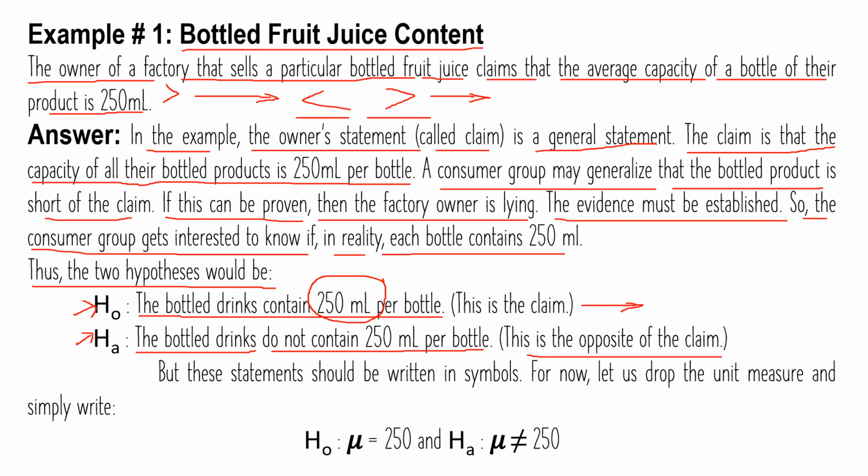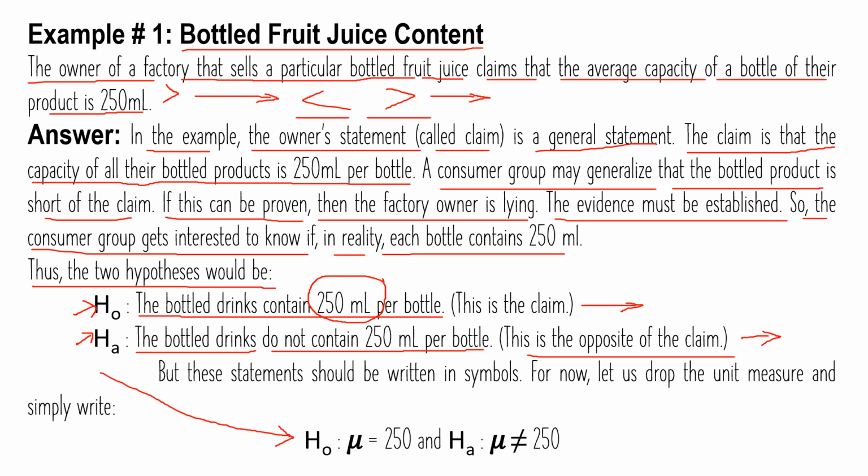This is the opposite of the claim. So your alternative hypothesis does not show equality. Our claim is totally the opposite of your null hypothesis. Now, how can we convert this statement to a symbol?